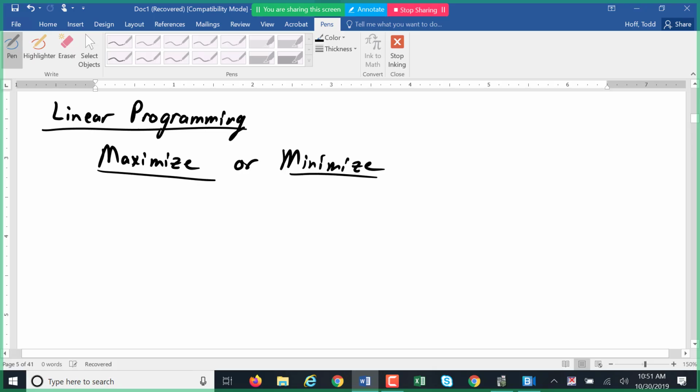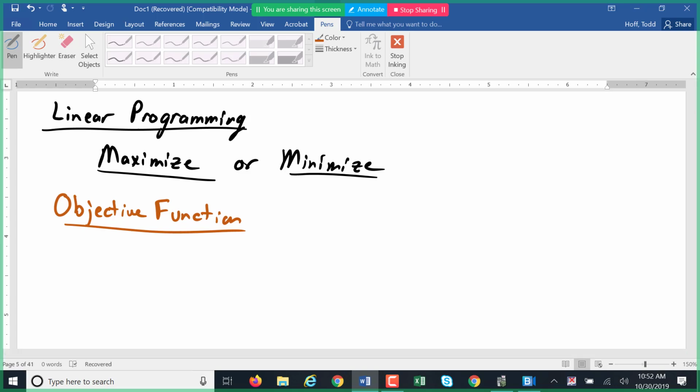So in other words, we're trying to find a value that's as large as possible or as small as possible. When we're dealing with linear programming, there is an objective function. The objective function is stating a relationship that we want to make as large or as small as possible. For our examples here, we're going to be looking at maximizing.